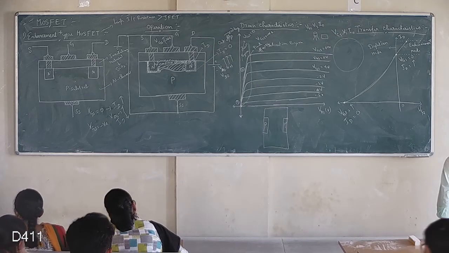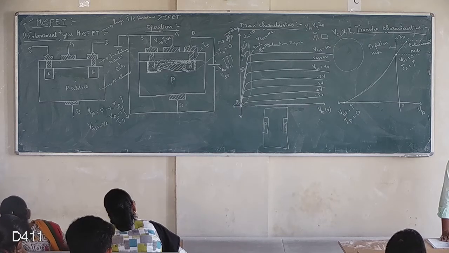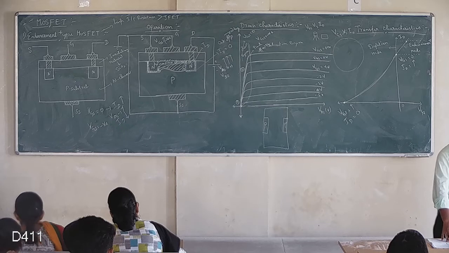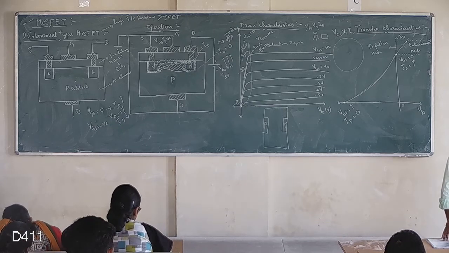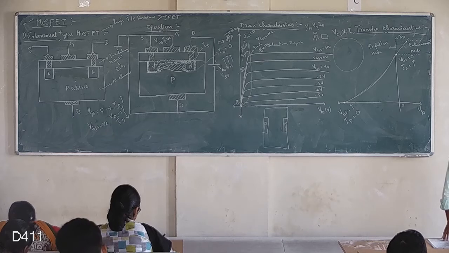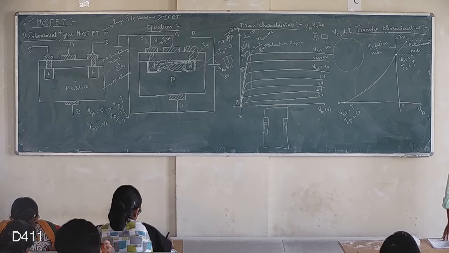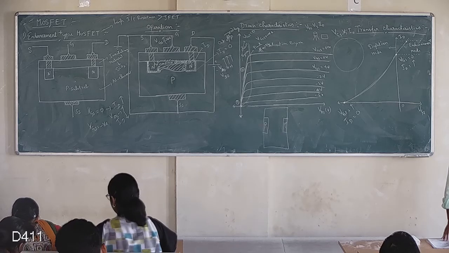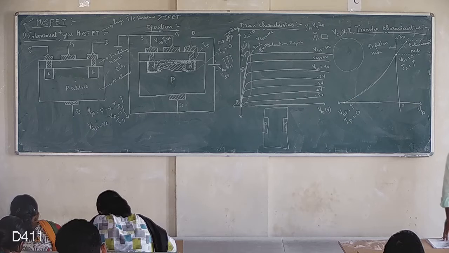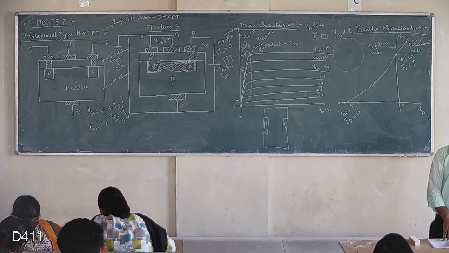Okay, next one, ohmic and saturation region. In ohmic region, ID varies with VDS and the JFET behaves like a variable resistance.